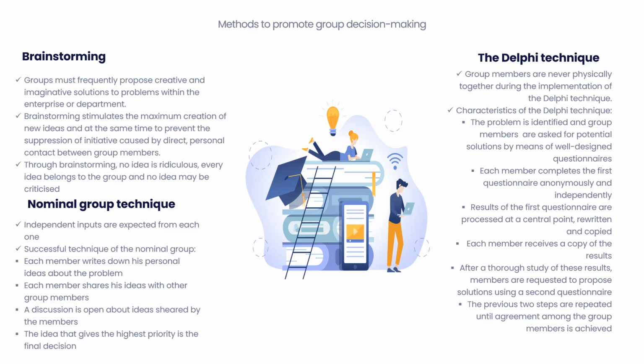The previous two steps are repeated until agreement among the group members is achieved. So people are writing and answering the questionnaires, and it goes on and on until there is a group to receive everyone's input, check and scrutinize it, keeping the objective of the company in mind, and see what will be the best solution.